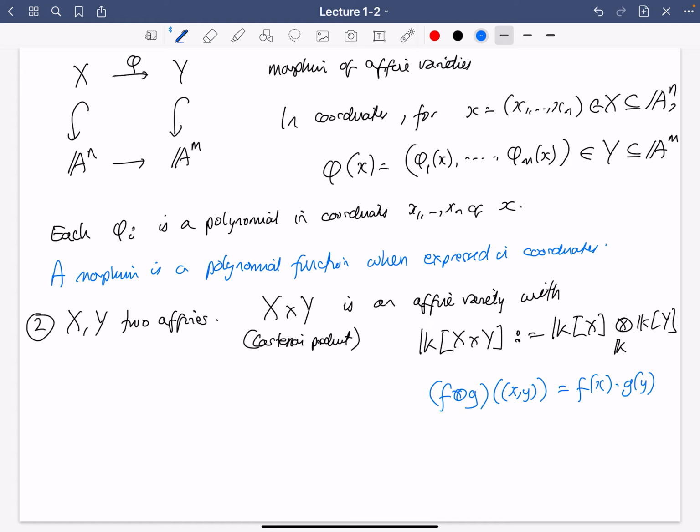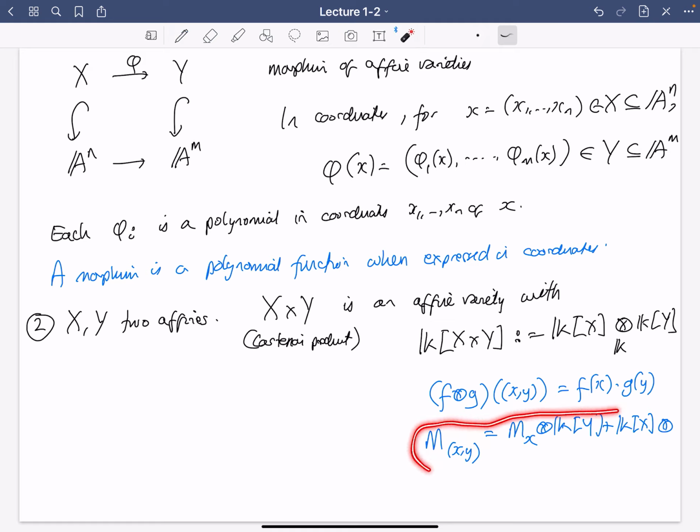Again, you've got to check the axiom, but all I'm going to write down about that is that the maximal ideal of this algebra, the kernel of evaluation at the point (x, y) in the Cartesian product, is just the maximal ideal of x in k[x] tensored with k[y], plus k[x] tensored with the maximal ideal of y in k[y].